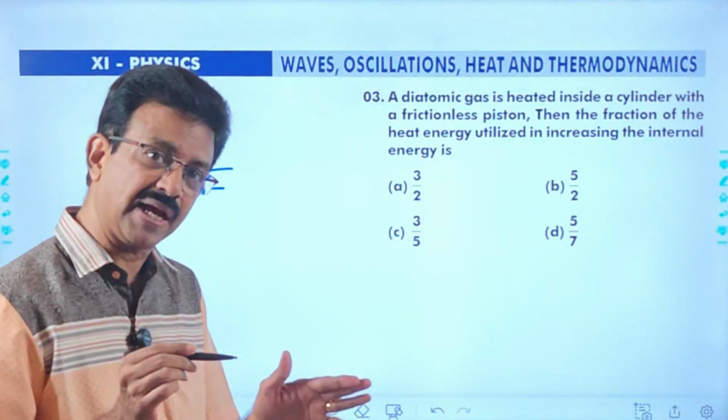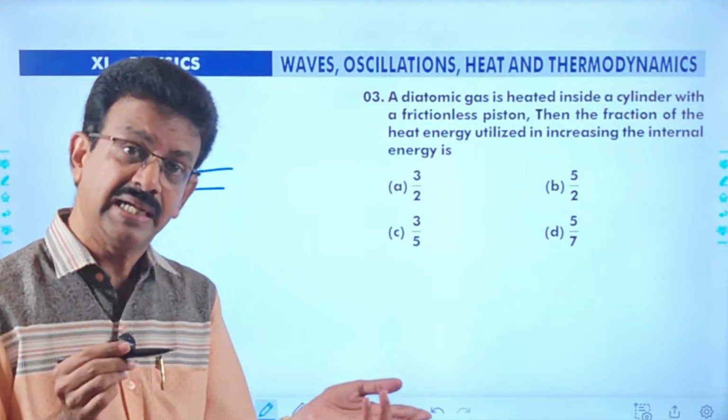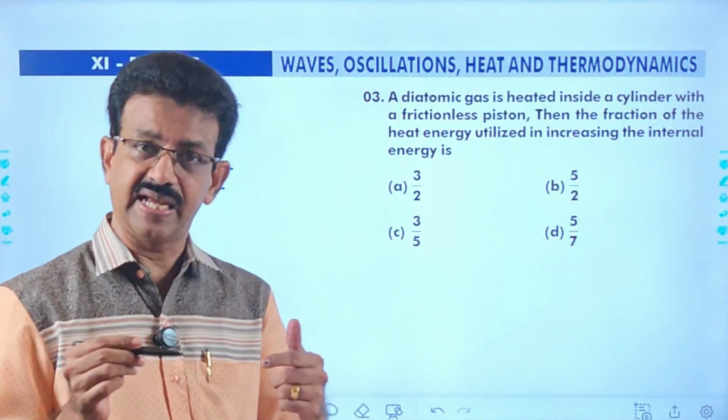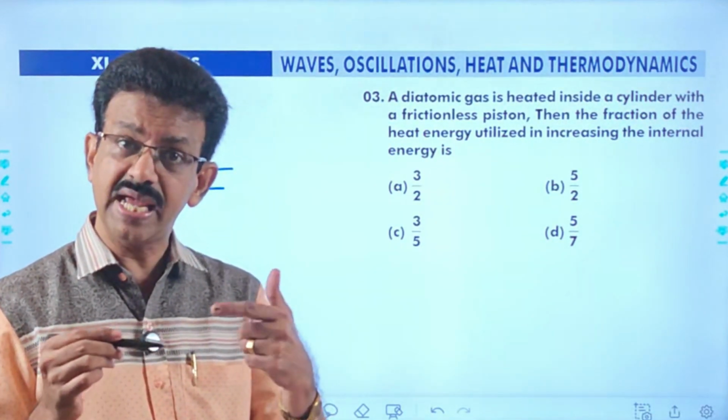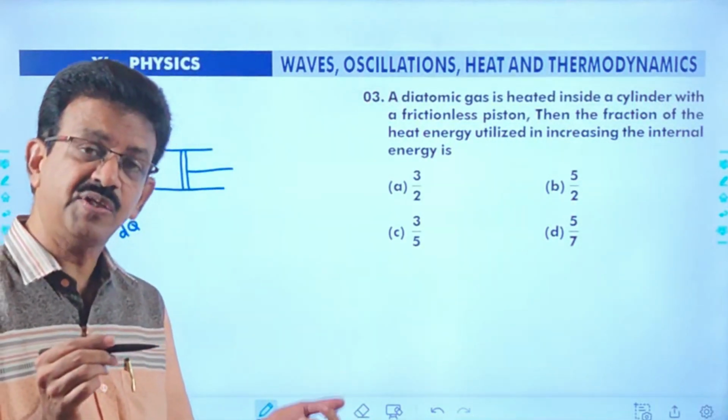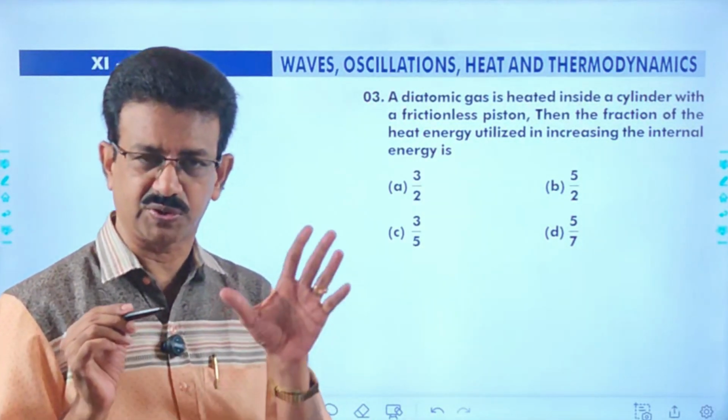But after some time, it pushes the piston outward, and the pressure inside remains constant. Initially, the heat energy is utilized only in increasing the internal energy and then to do external work also.